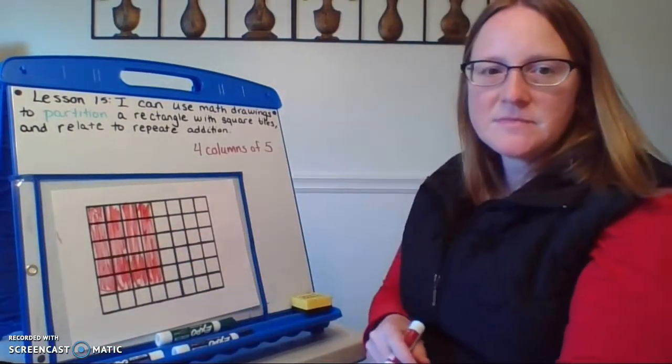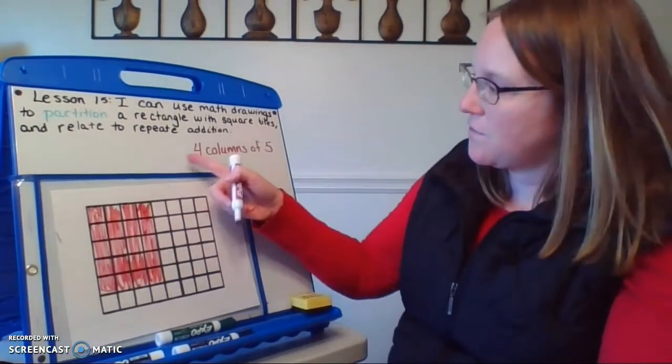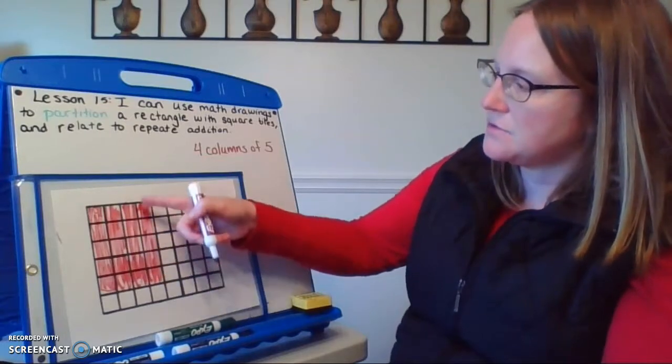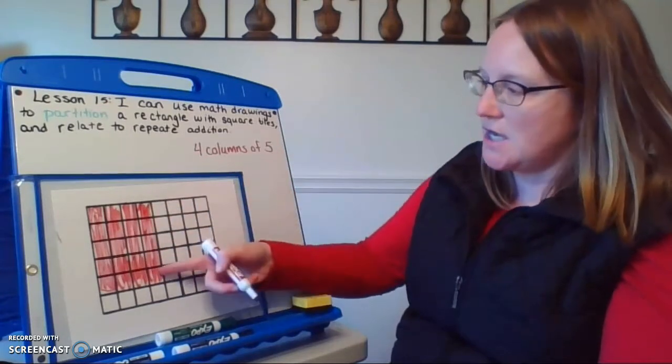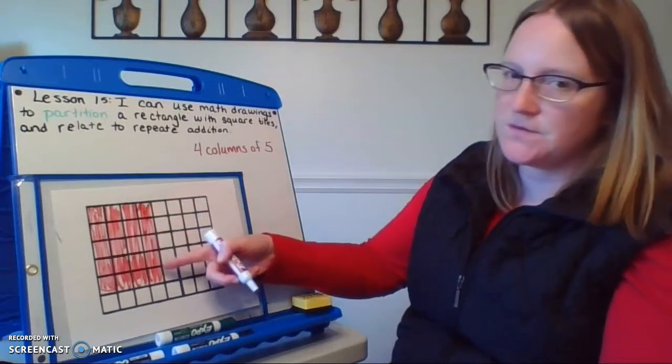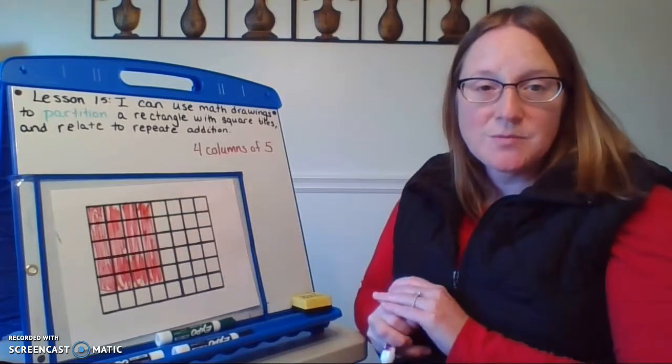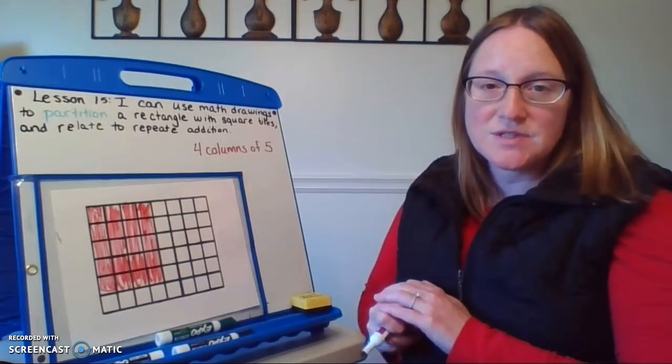Okay, so I have 4 columns, 1, 2, 3, 4, with 5 in each column. 1, 2, 3, 4, 5. So what is the repeated addition sentence for this picture?